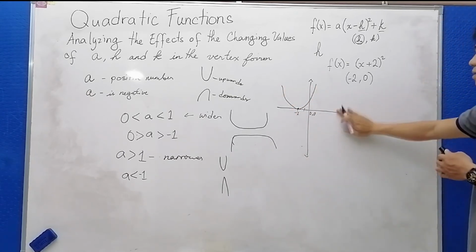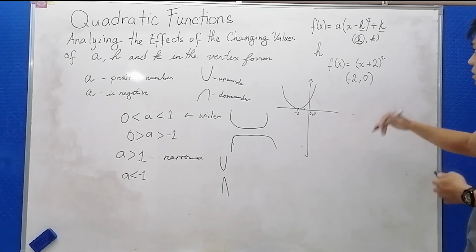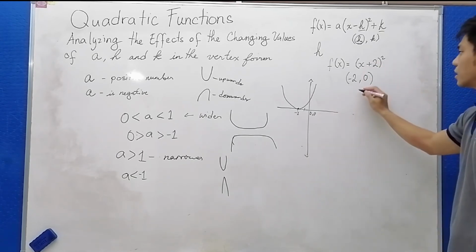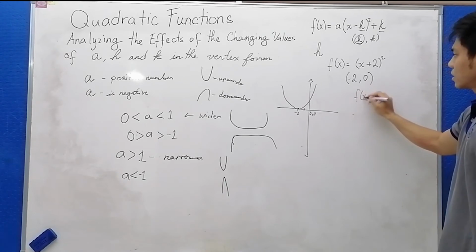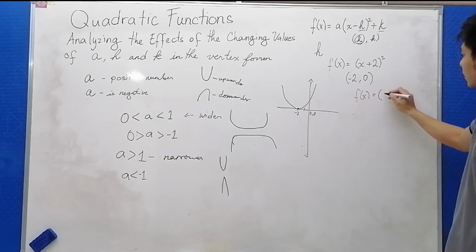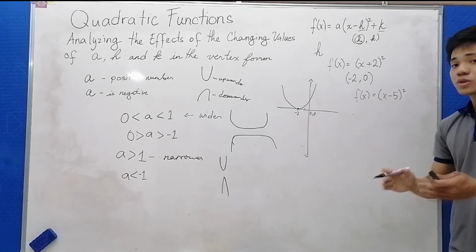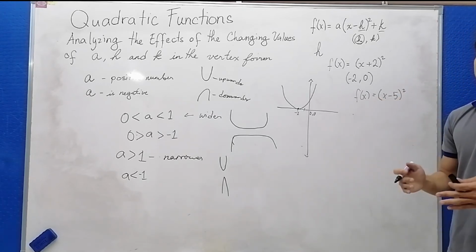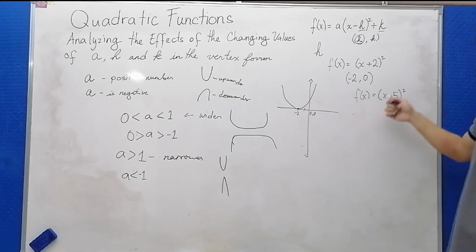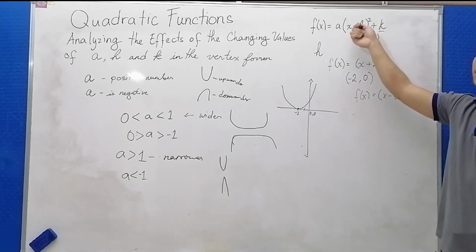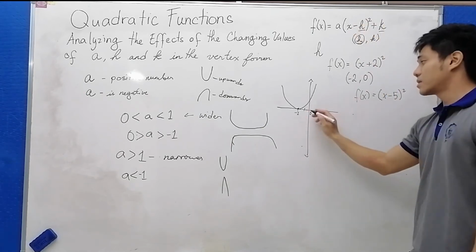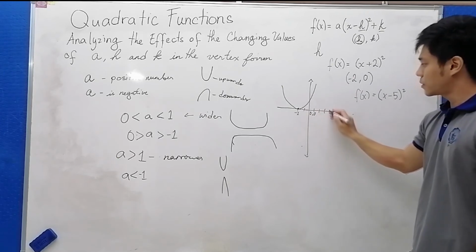Now if we take another example, what happens if the example has a negative number inside. So let's say f of x is equal to (x minus 5) squared. So that means it's going to be moving 5 spaces to the right this time, because it has a negative value inside following the formula here. We move 5 spaces to the right, 1, 2, 3, 4, 5.